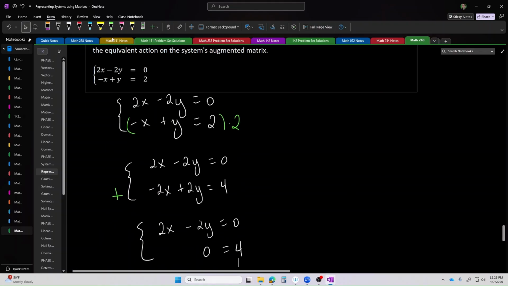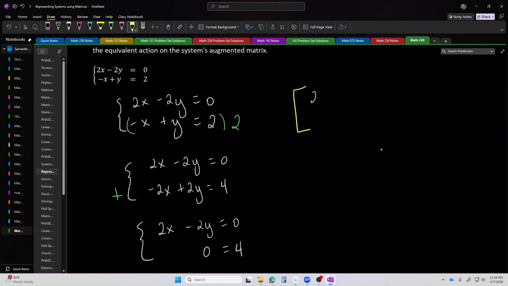Now let me track those same actions as they manifest in the augmented matrix. If I represent this system using a nice clean table of values, the action of scaling the second equation would become the action of scaling the second row.